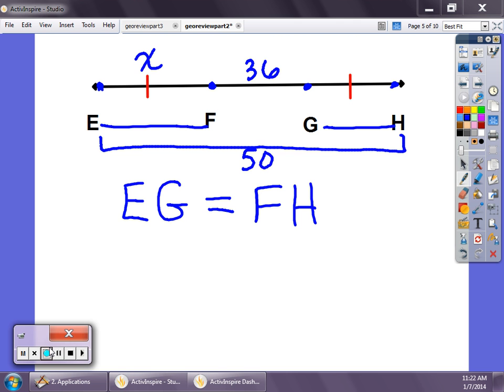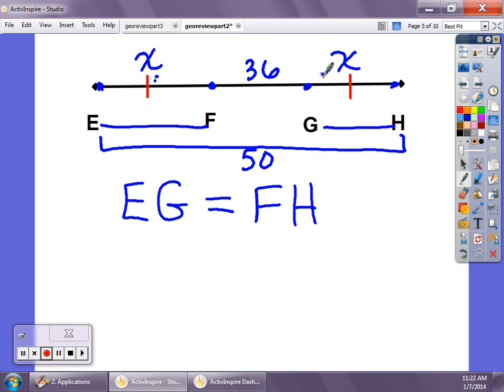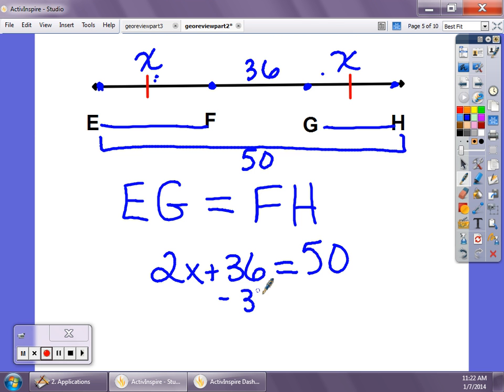Okay, so if this is X, what is this going to be? X, because remember, they're the same. They told me that EF was equal to GH. Okay, so what's X plus X? Okay, so 2X plus 36 has to total what? 50. Excellent job. Excellent. Okay, you're going faster than I can write.